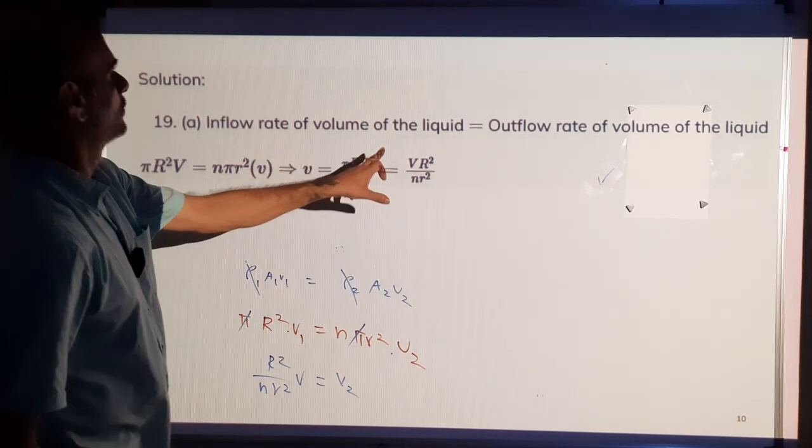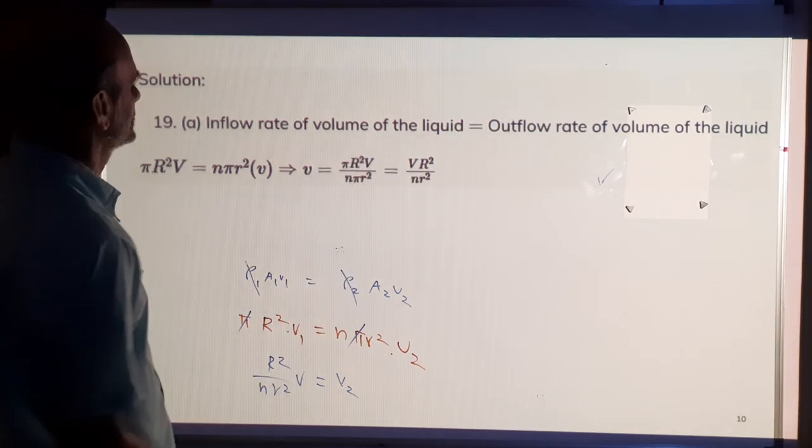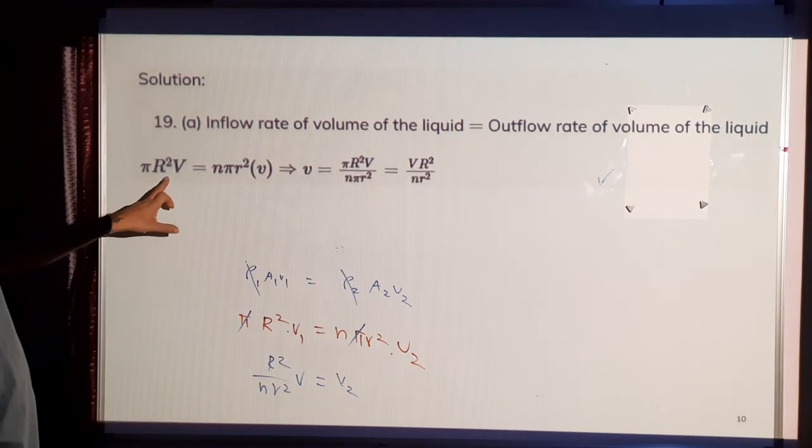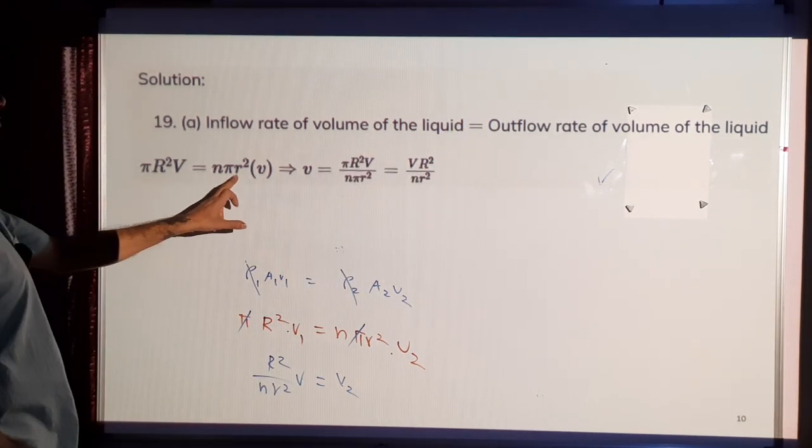So the inflow rate of volume of liquid is equal to the outflow rate. Inflow is through the big cylinder and outflow is through the n small cylinders.